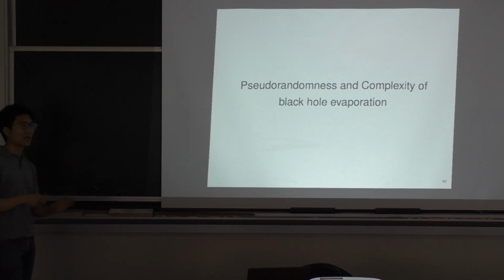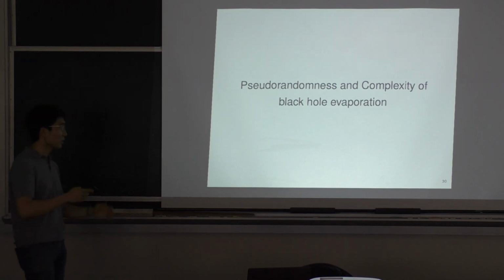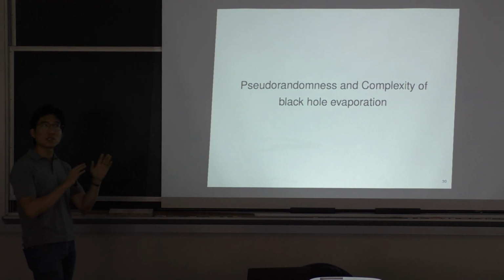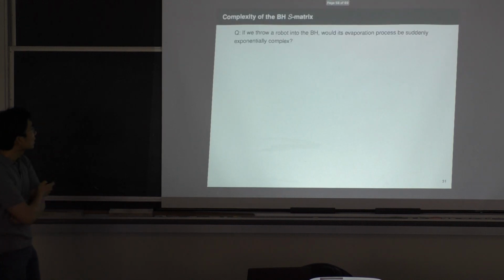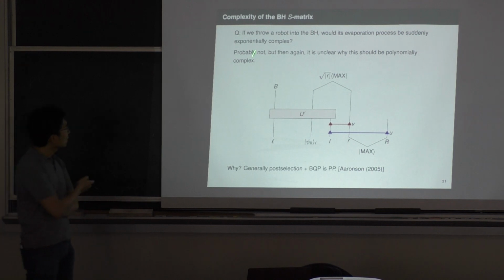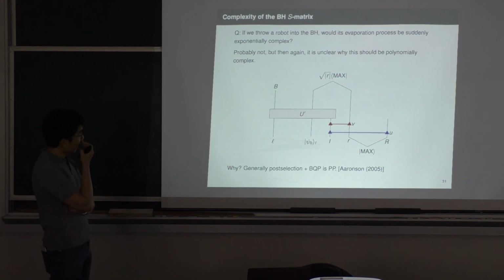And that's kind of worrying. Because from the outside perspective, all we did was throw some robot into the black hole. And I think it's possible that that shouldn't change the complexity by too much. So yeah, that's the question. Is the complexity going to be exponentially complex?